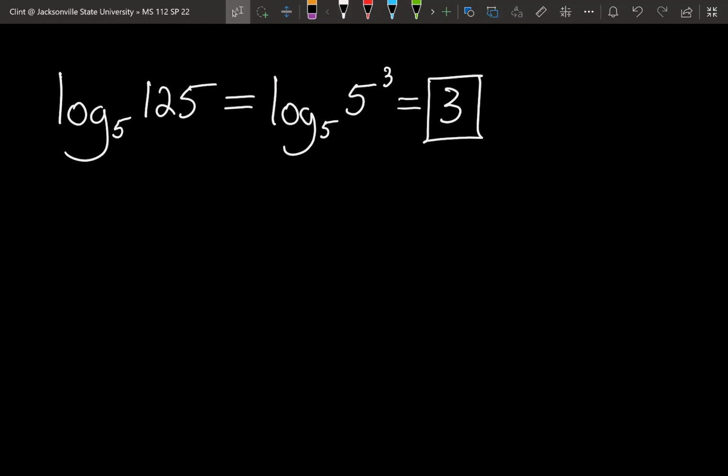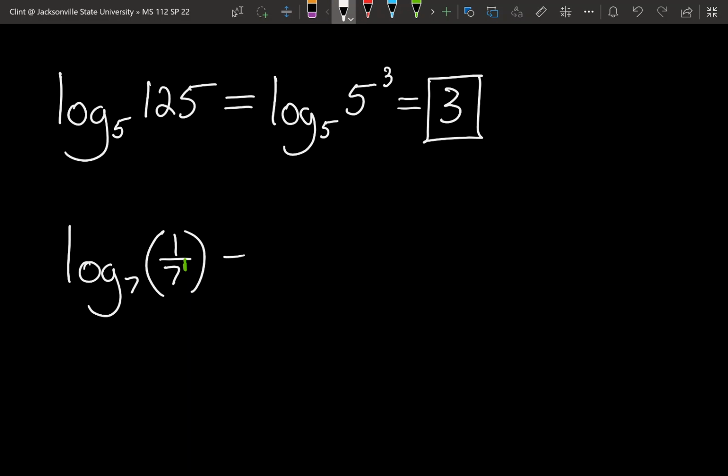And thinking about another one, we haven't done one quite like this yet. We've also got log base 7 of 1/7. And 7 to what power gives us the fraction 1/7? So remember, that's like 7 to the 1st power.